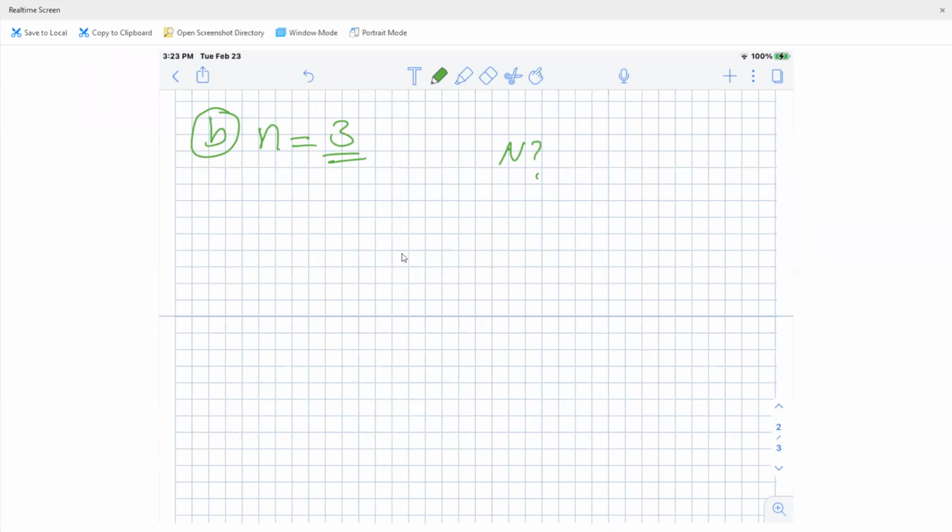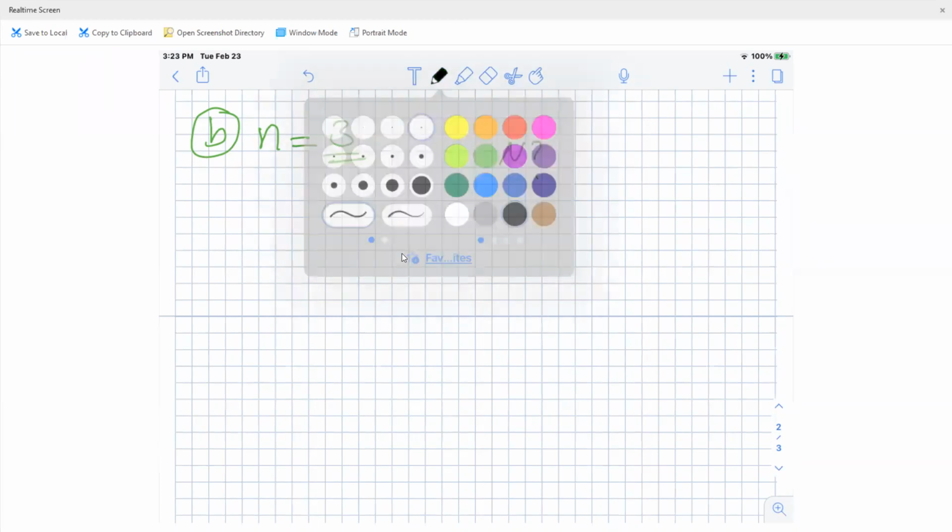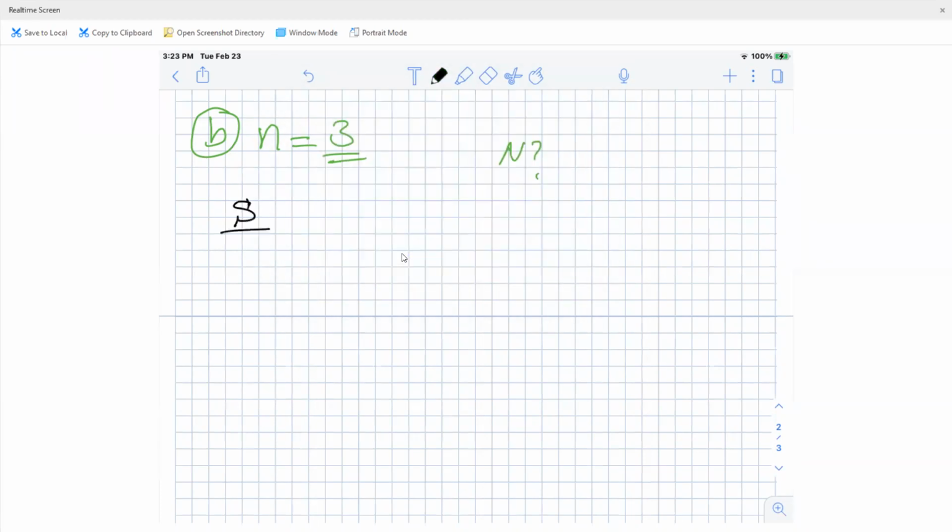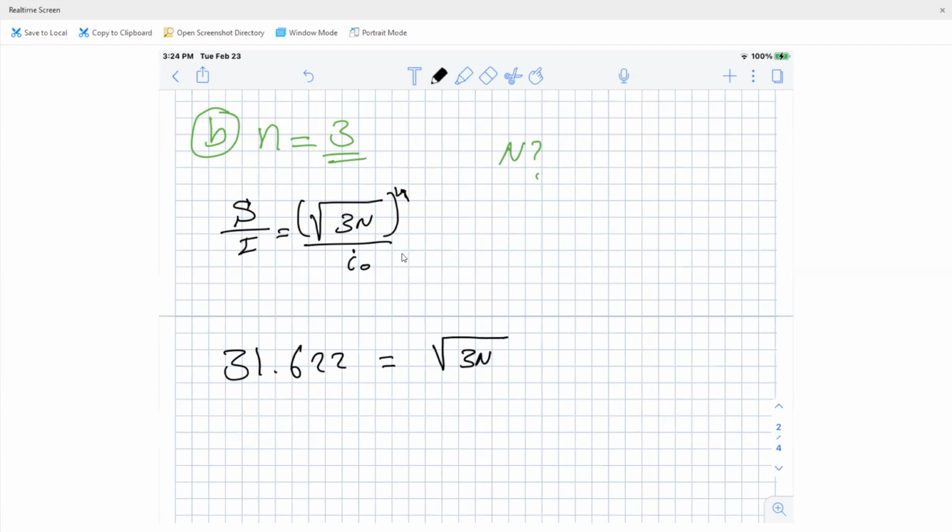Look, again, we are going to follow the same equation, which is S over I equals square root of 3n raised to n small divided by I naught. Substitute directly: 31.622 equals square root of 3n raised to power 3 divided by 6.